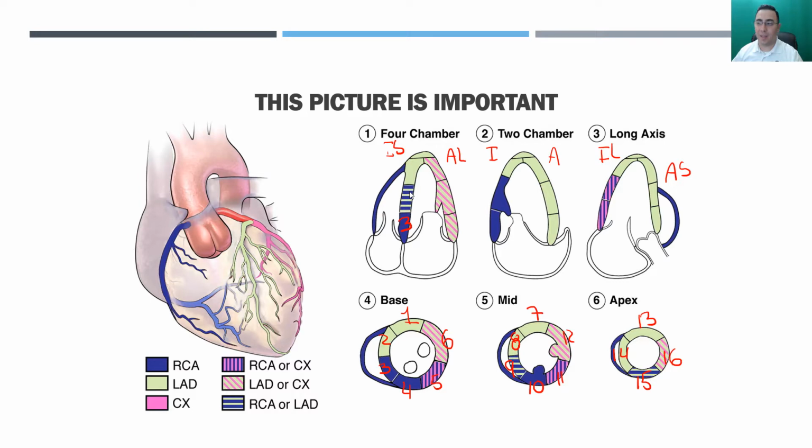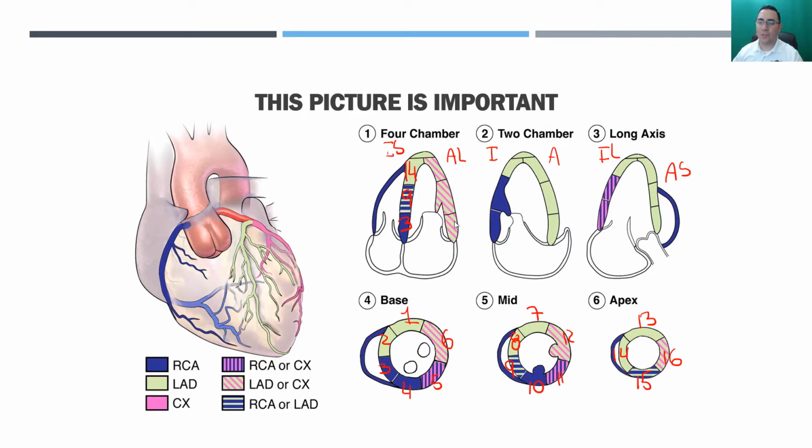Mid infraseptal. Has to be number 9. And this one right here, we're going to call apical septal, because we don't have a combination of segments in the apex. It has to be either anterior, inferior, septal, or lateral. So because it's septal, this one is going to be number 14.